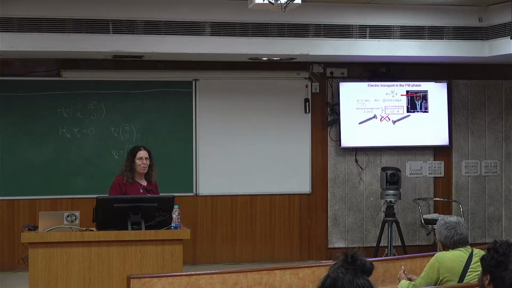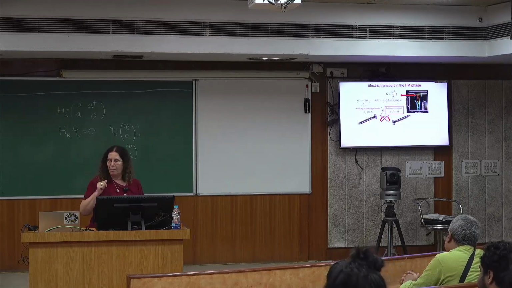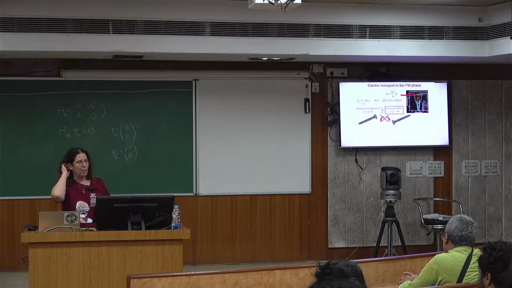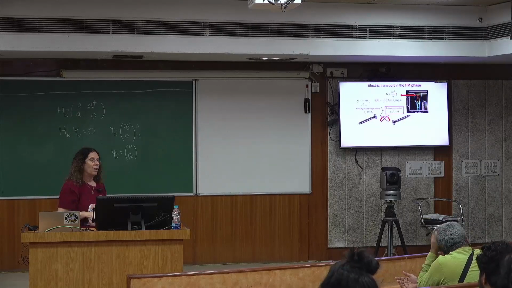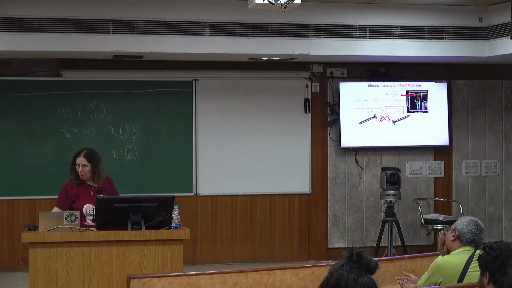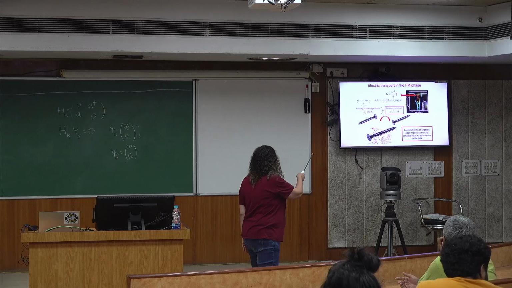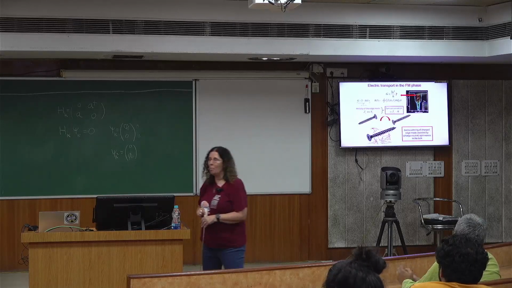So it's not that easy to spoil the perfect conduction, but remember what we have in the ferromagnetic phase. We do have spin wave excitations, which apparently are able to flip the spin. This is just a caricature that describes them.